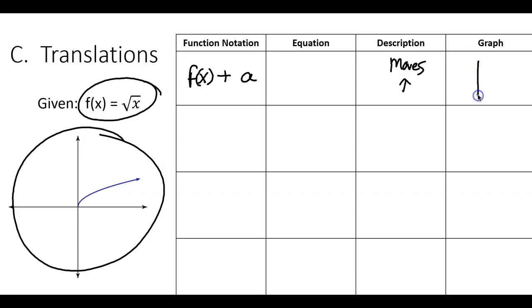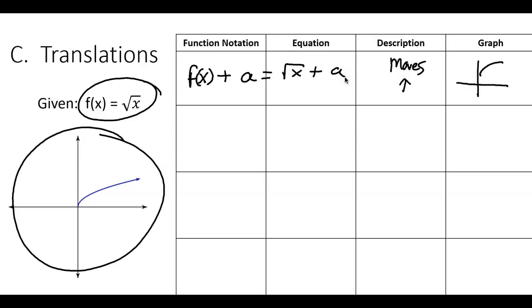So if that graph over there looks like that, it would move it up to look something like that, just raises it up. As for the equation, that would look something like this, the square root of x plus something. It's outside of the square root.